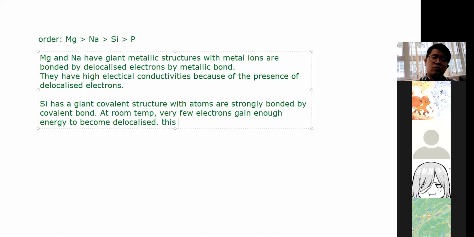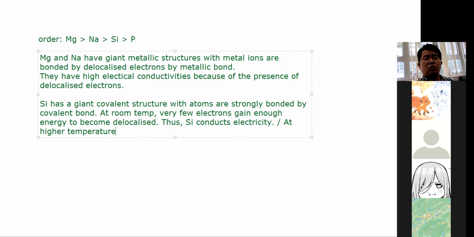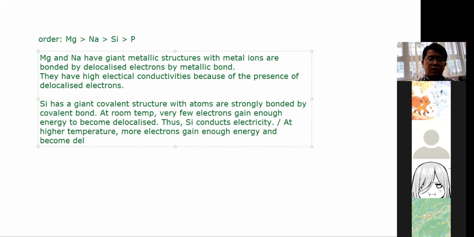So it conducts electricity. Of course, you may say that at higher temperature, what will happen? They will have more electrons, they will gain enough energy and become delocalized.